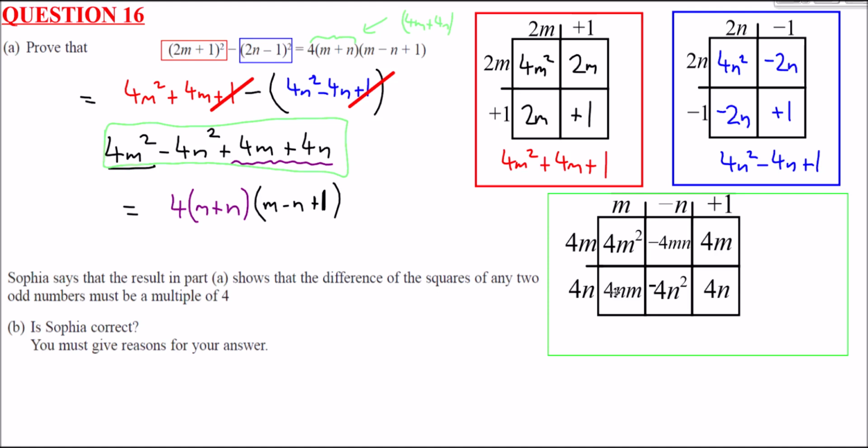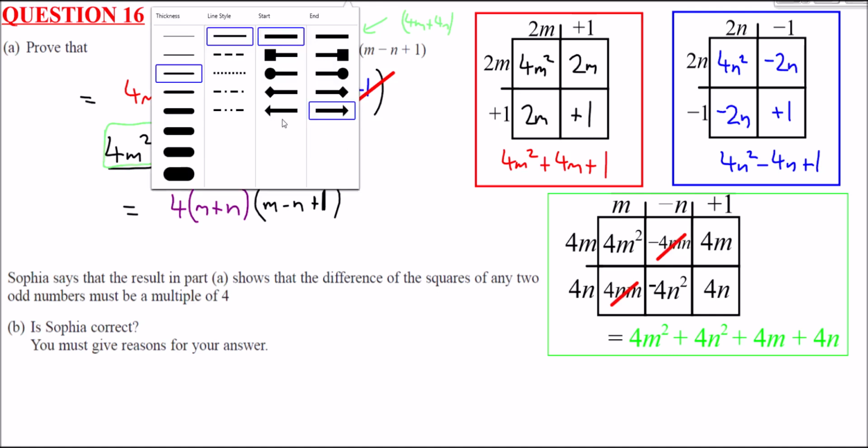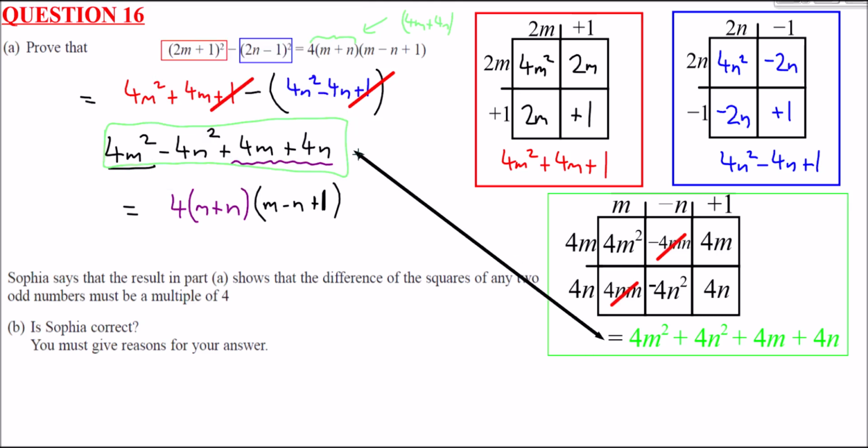So as you can see, the 4nm will cancel the minus 4mn, like so. And I get the minus 4n squared plus 4m plus 4n. So simplified down, I'd get 4m squared minus 4n squared plus 4m plus 4n, which I can then see and explain to the examiner is exactly the same as what we had from the left-hand side when it's simplified. Therefore, 2m plus 1 all squared minus 2n minus 1 all squared equals 4 brackets m plus n brackets m minus n plus 1 close brackets.